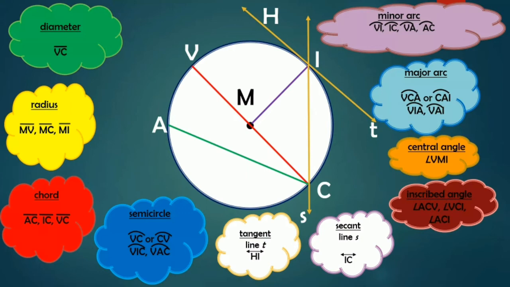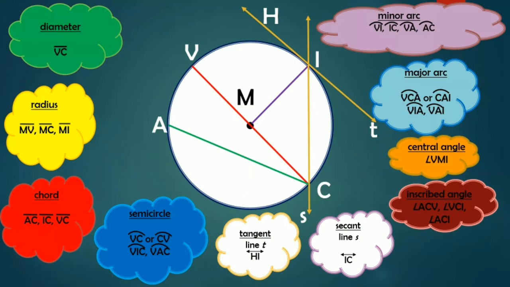In the given circle M, we have segment MB, segment MC, and segment MI. Remember that a radius is a segment whose endpoints are the center of the circle and any point on the circle.